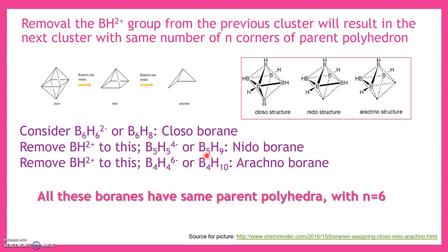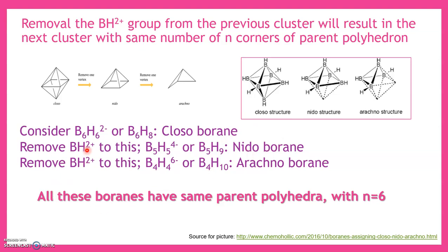Please remember that because the number of atoms present is 5, it is not trigonal bipyramidal geometry. It still has the parent polyhedron as octahedral geometry, but the class of compound is nidoborane.